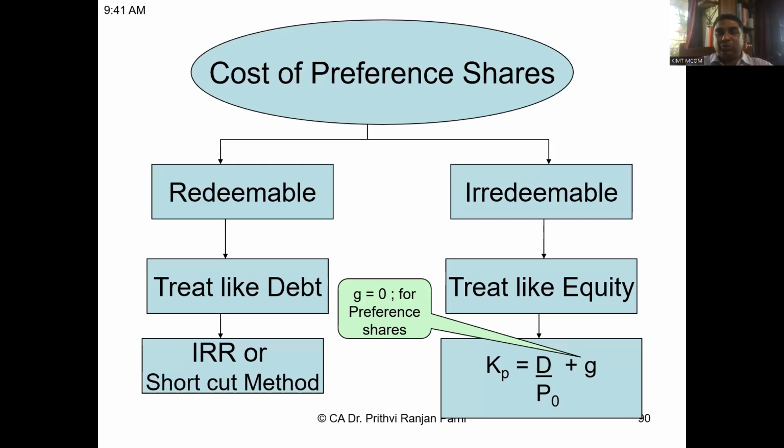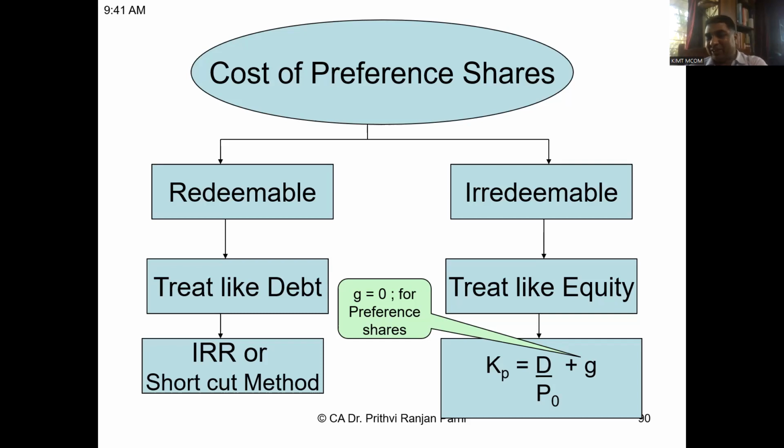Now look at this chart, and you will be able to understand how to compute the cost. If the preference shares are redeemable, then you can compute the cost just like a debt. We can compute the IRR, that is the internal rate of return of the cash flow, or we can apply the shortcut formula.